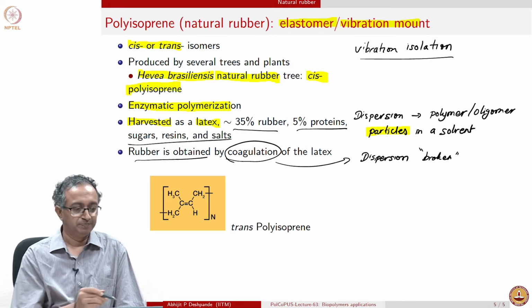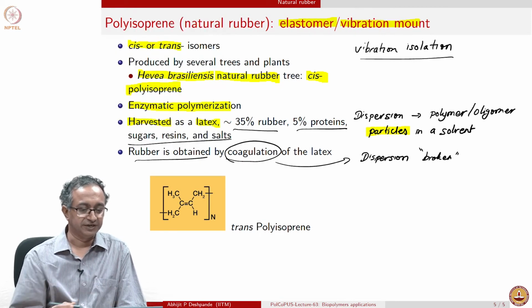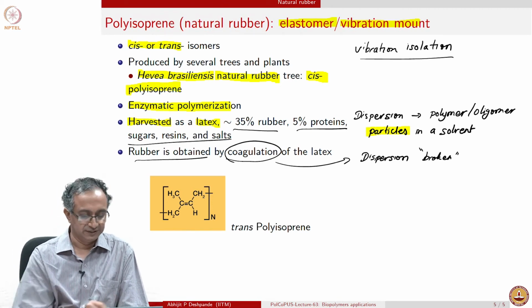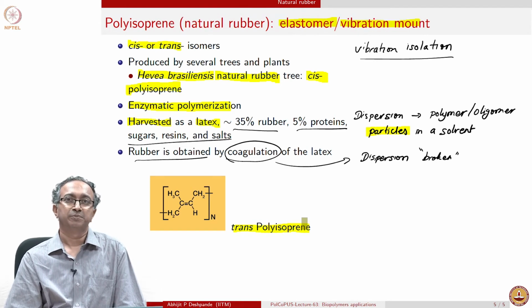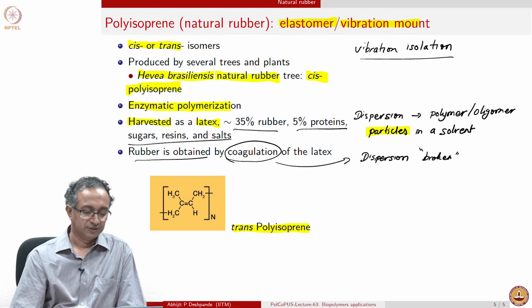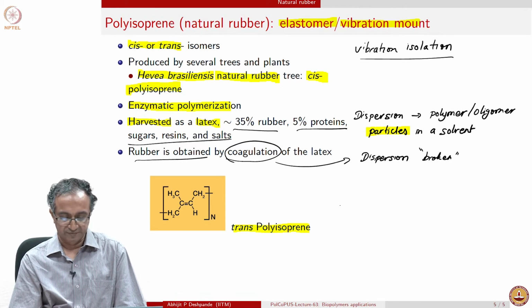And so, just looking at how a natural rubber tree's polyisoprene looks like. Here what I have shown is trans polyisoprene. So, I hope through your earlier chemistry knowledge you should be able to draw how a cis polyisoprene looks like.